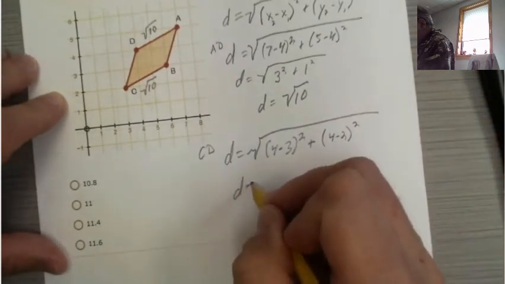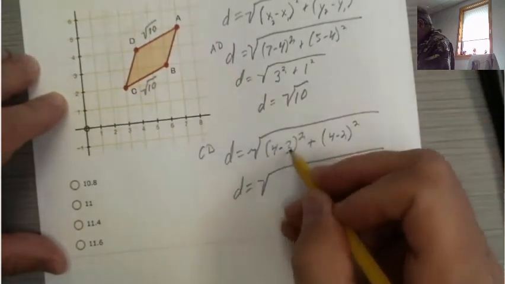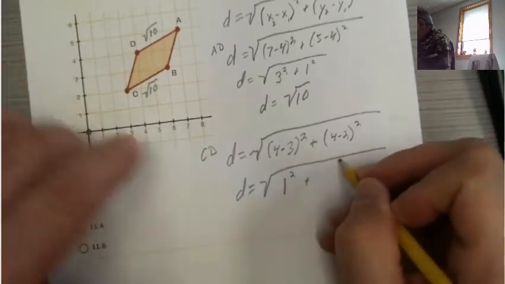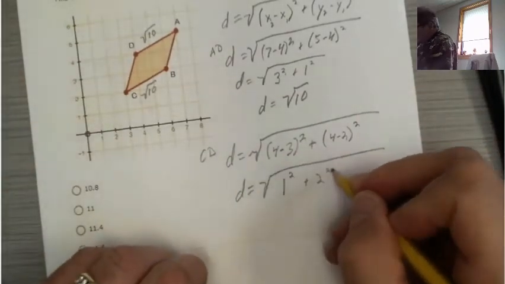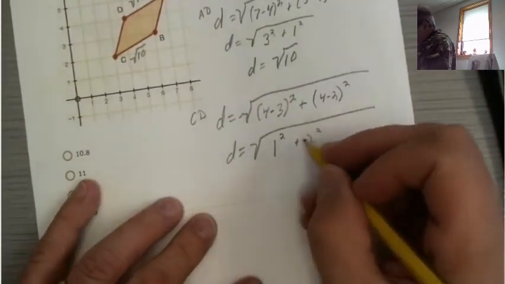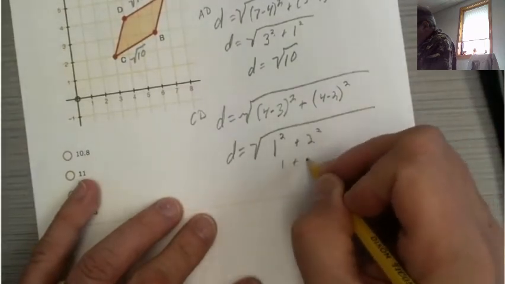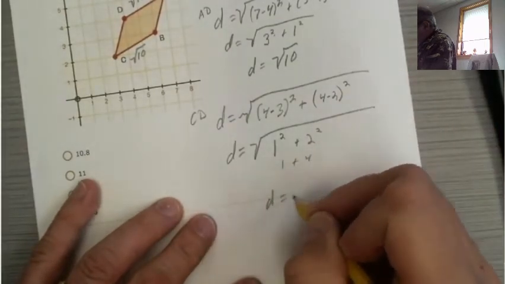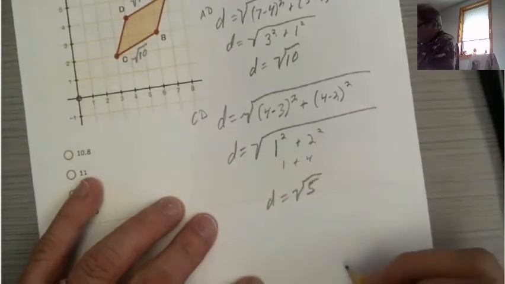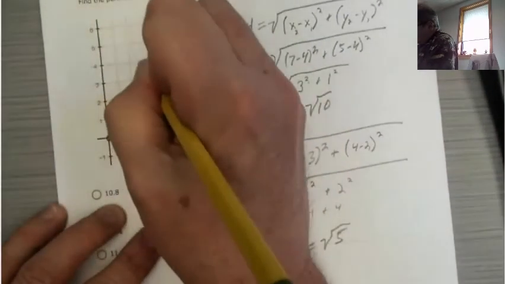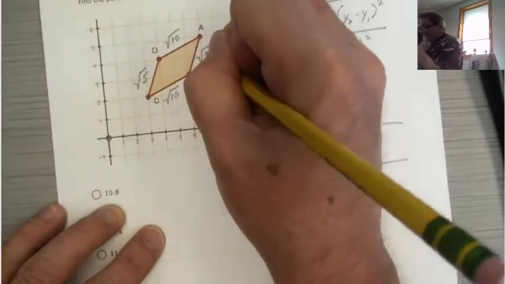Distance formula: 4 minus 3 is 1 squared plus 4 minus 2 is 2 squared. 1 squared is 1, plus 2 squared is 4. So the distance is the square root of 5. So this is the square root of 5, and this is the square root of 5.